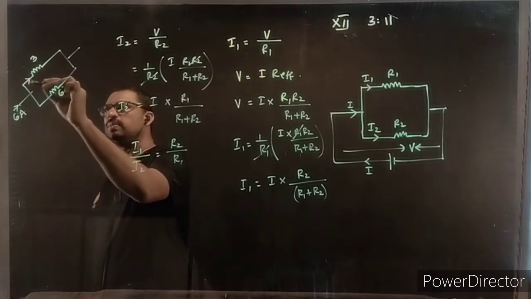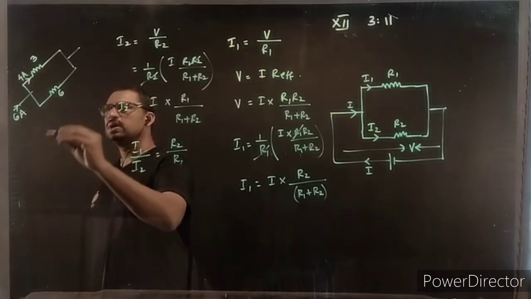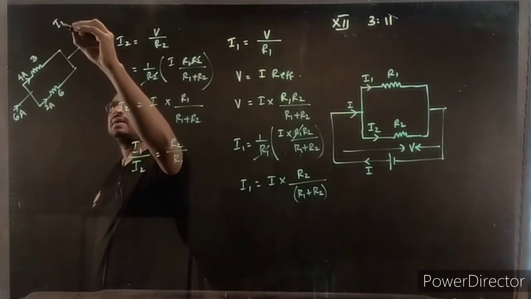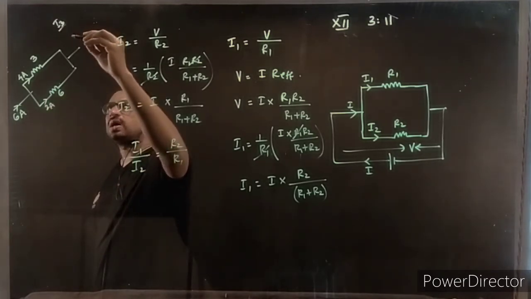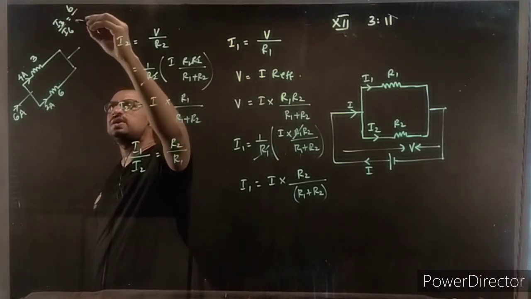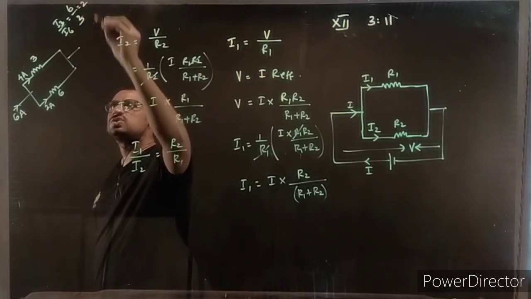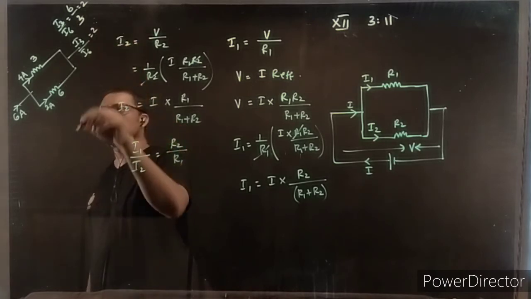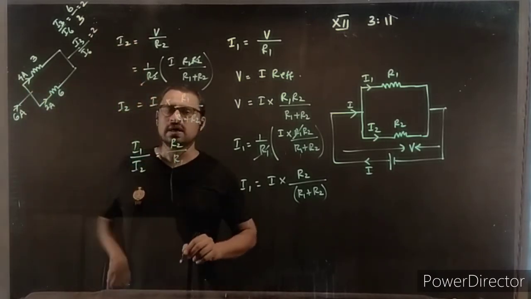So through 3 it will be 4 ampere, through 6 it will be 2 ampere. How did we get this? I3 by I6 is the reverse ratio, 6 by 3, that means 2. So I3 by I6 should be equal to 2. Correct, 4 by 2 is 2.